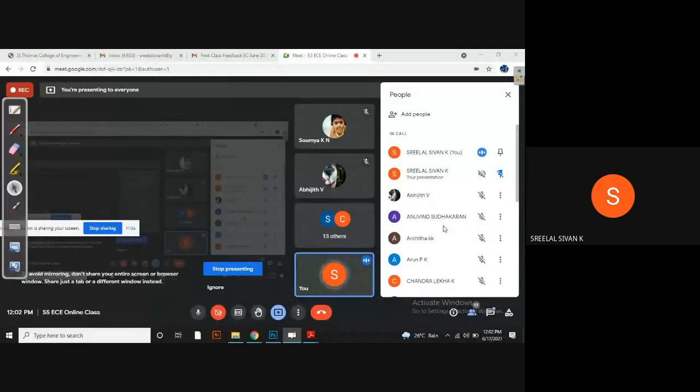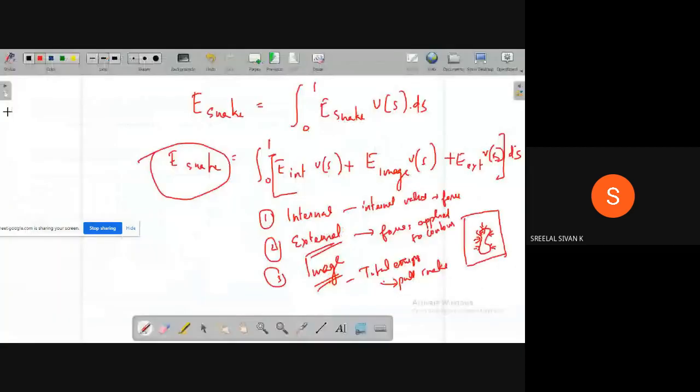Then we can conclude that our snake algorithm has converged. Your snake is converging. All this movement is based on your defined energy function, which may be based on a gray level value or a gradient value. That energy function depends on three parameters. The first is internal energy, the initial forces of that particular object inside that boundary.